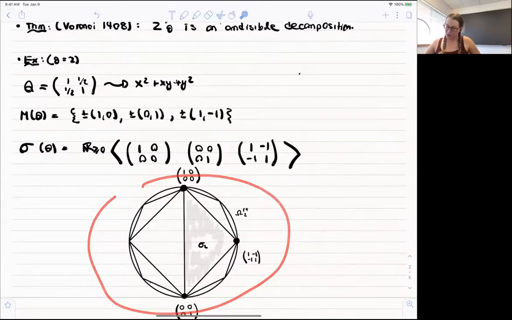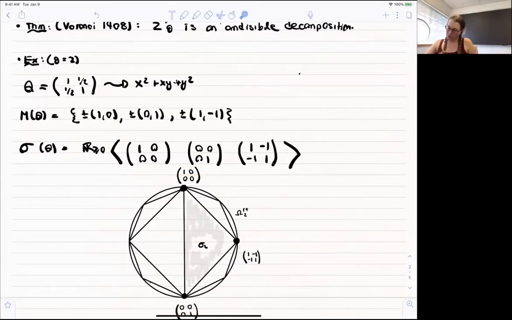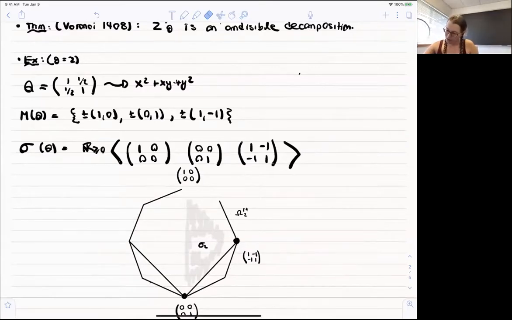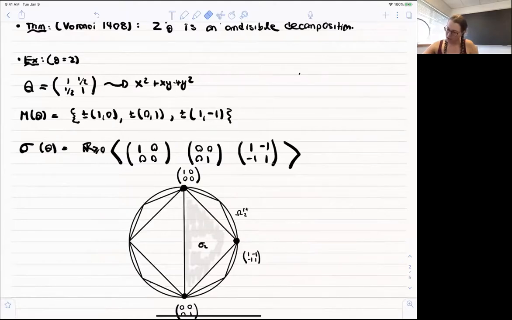And then I said I had 3 rays, namely (1, 0, 0, 0), (0, 0, 0, 1), (1, -1, -1, 1). So these are the 3 rays. Let's not erase my picture.